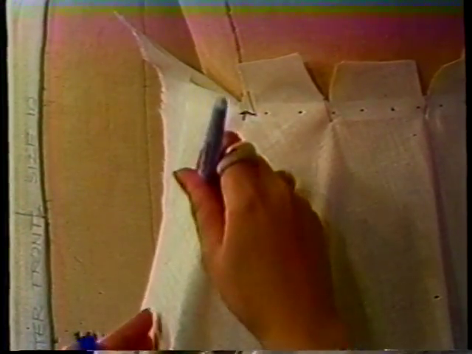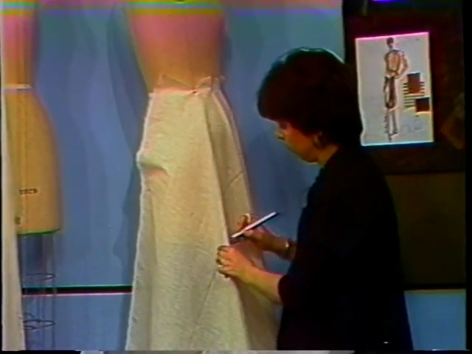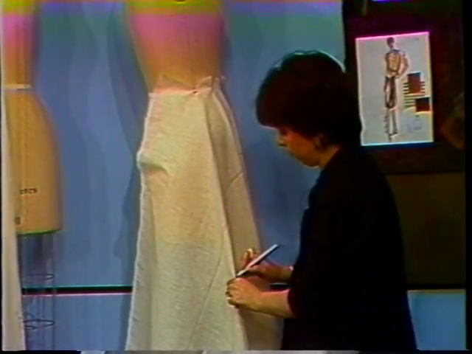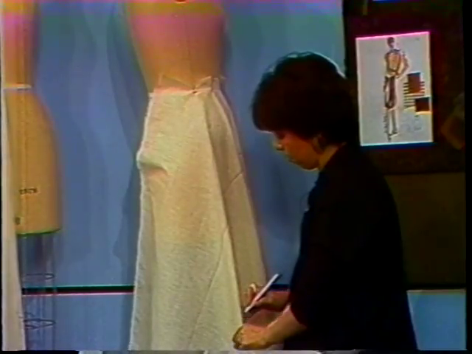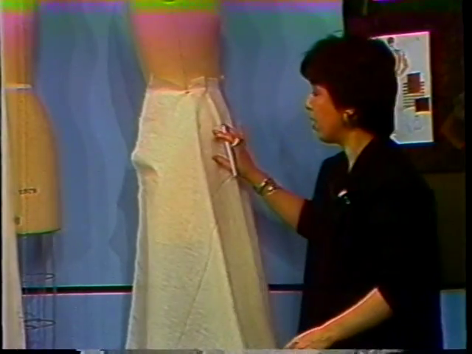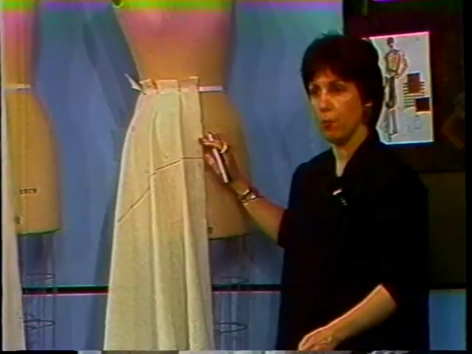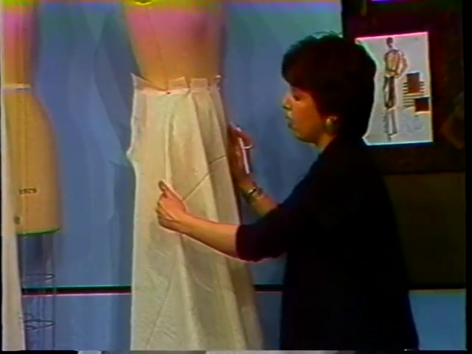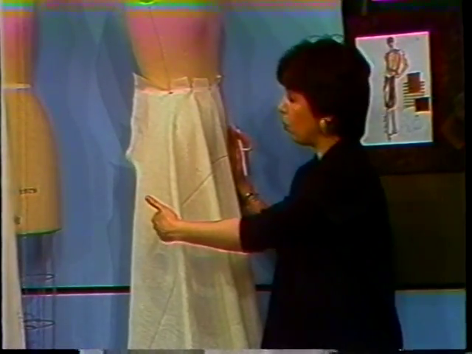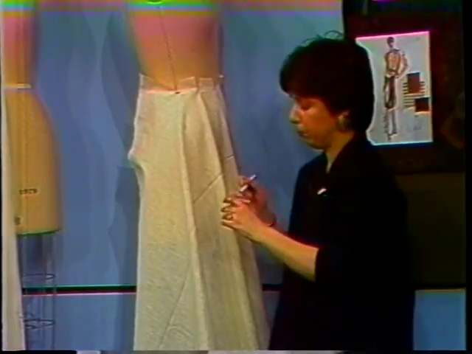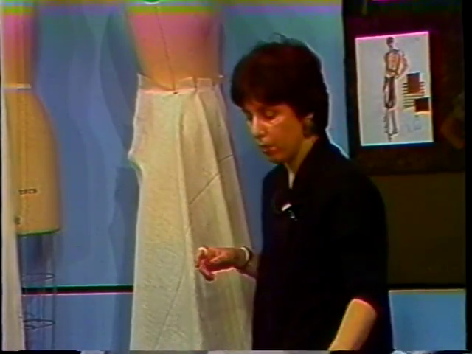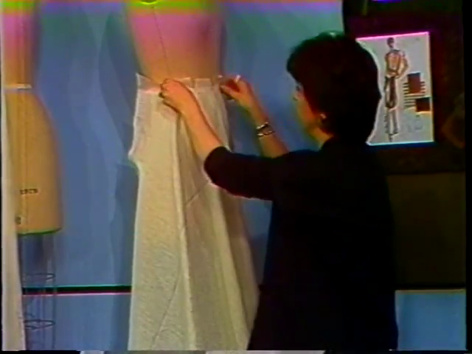And dot the side seam, marking through the center of the flare. Because when we trace the front part of the skirt to the back piece of muslin, the other side of the flare will be on the back skirt. Remove from the figure and true.